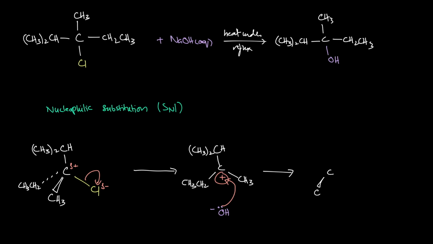So you end up making this. This is one possible product. The other possible product is the enantiomer of this compound, the optical isomer, the non-superimposable mirror image.